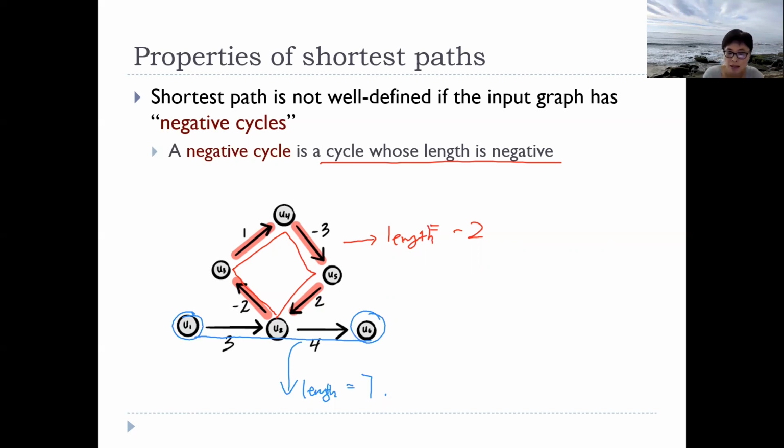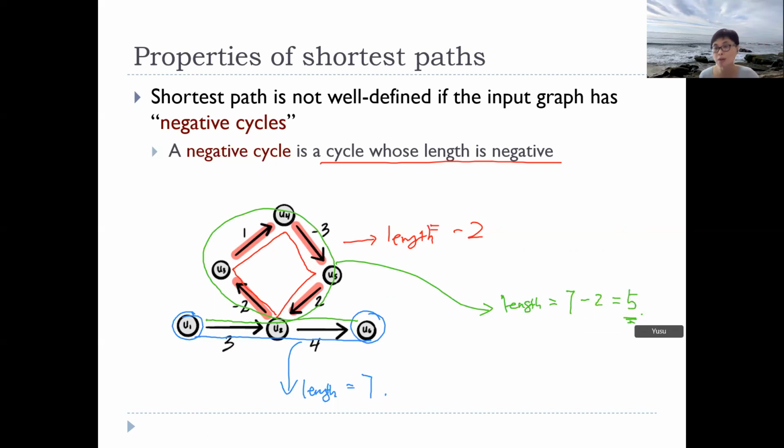You realize that, hold on, because the length of the cycle is negative, I can do the green path. I can go here, then circle around the cycle, and then continue to U6. What is the length of this green path? That's basically 7 plus this cycle's length, which is -2. That means it's 7 minus 2, which is 5. So now we get a shorter path by going through this negative cycle.